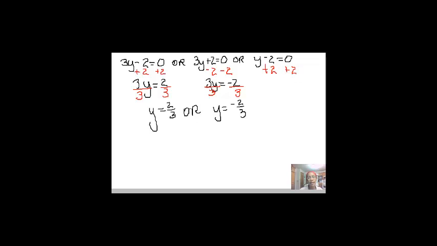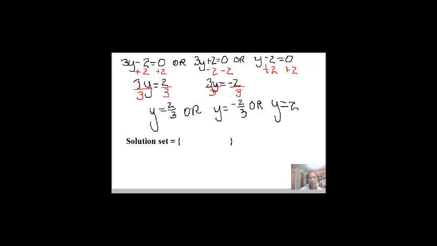Here let's add 2 to both sides, and we find out that the third solution for our equation is y equal to 2. So my solution set is the set containing 2/3, -2/3, and 2.